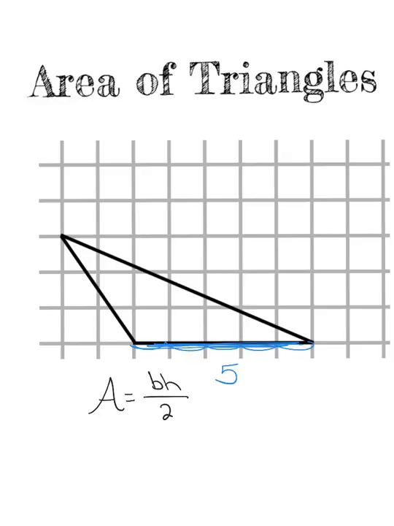But we have to remember height means from the base, which is here, to the highest point, but we cannot count the slant. So we have to kind of make an extra line, let me switch colors, to say that if the base moved here, the height would be 1, 2, 3. So the height of this triangle is 3, and then we still need to divide it by 2.